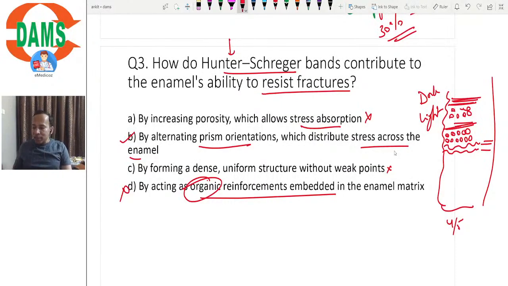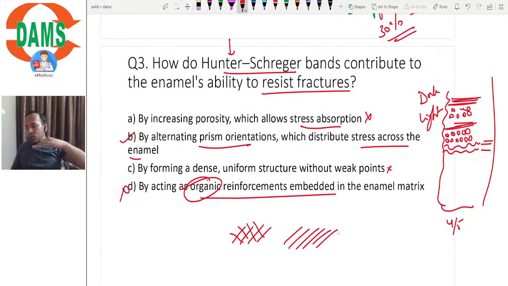You can also say, if you look at it in a broader perspective, that they form a crisscrossing pattern. The enamel rods at different levels, right? Let's say at a superficial level, they are all oriented like this, but in a level below it, they may be oriented somewhat like this, right? So when you look at these Hunter-Schreger bands in a broader perspective, they are oriented in a crisscrossing pattern.